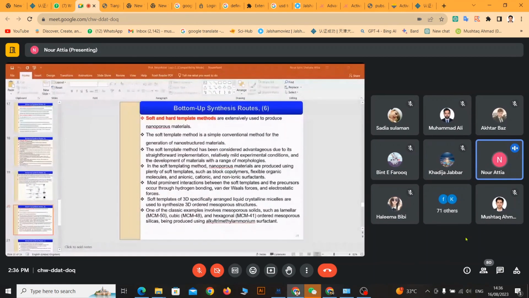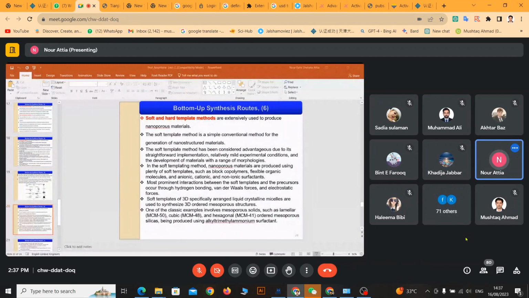The other method is soft and hard template. Actually, people used this before, maybe between 2010 and 2020, to prepare some nanoparticles, because they used soft template surfactant to prepare some polymer nanoparticles or some inorganic nanoparticles. But after that, people stopped using the template because they have to sacrifice the template.